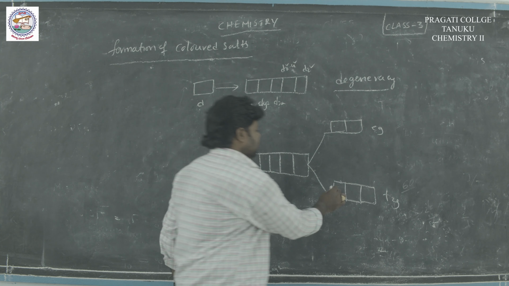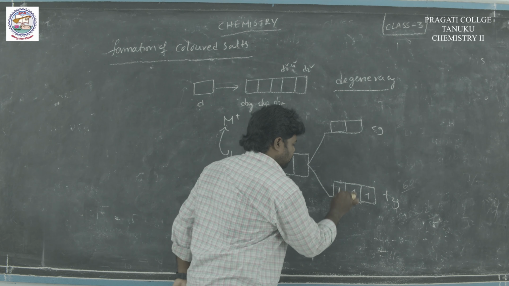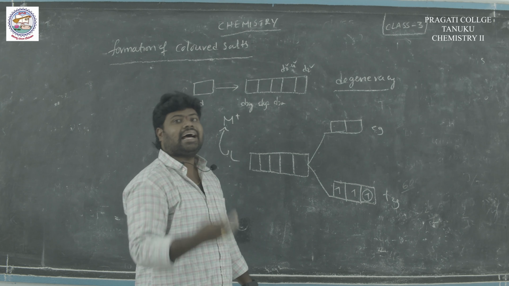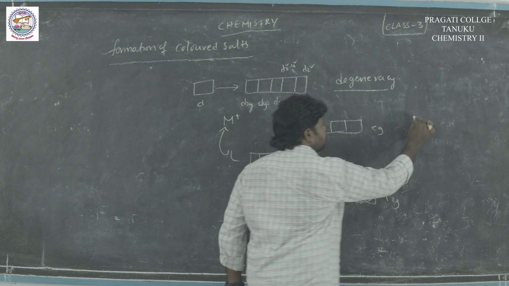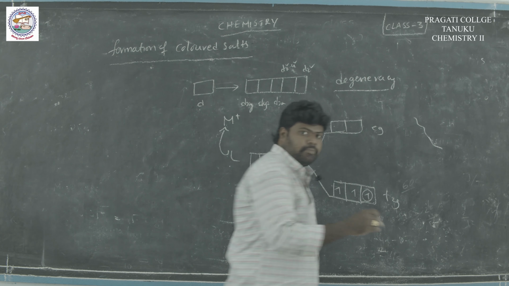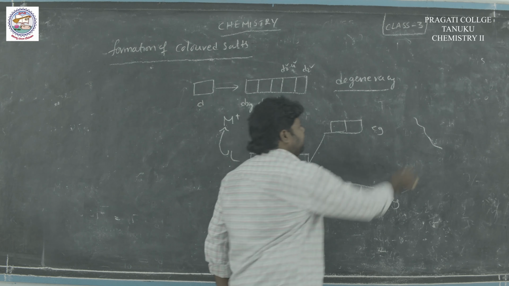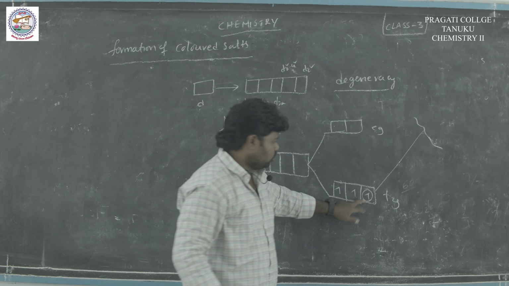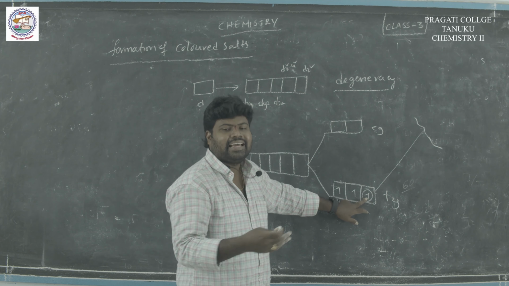These orbitals contain unpaired electrons. These electrons absorb energy from the visible region. The light radiation from the visible region is absorbed by the unpaired electrons.